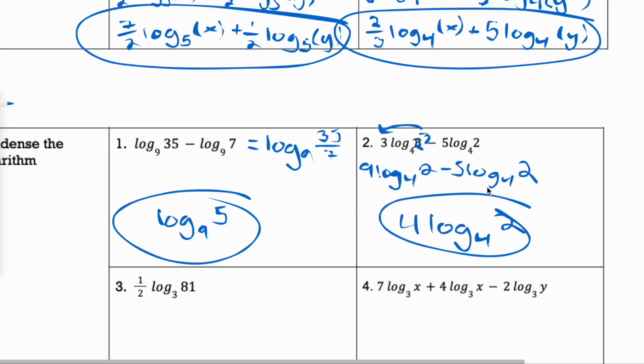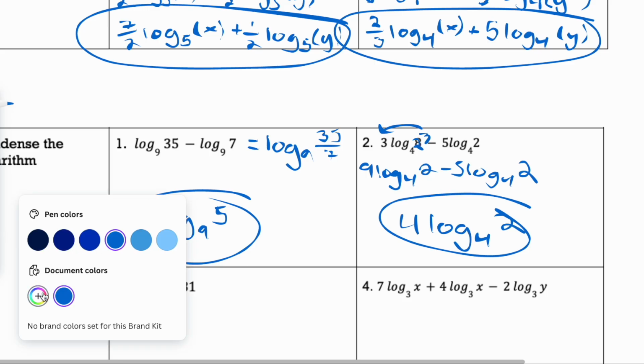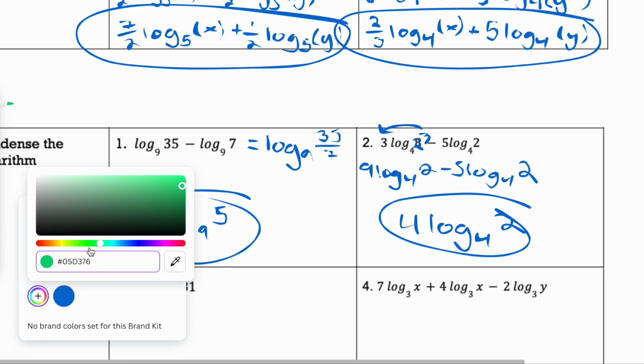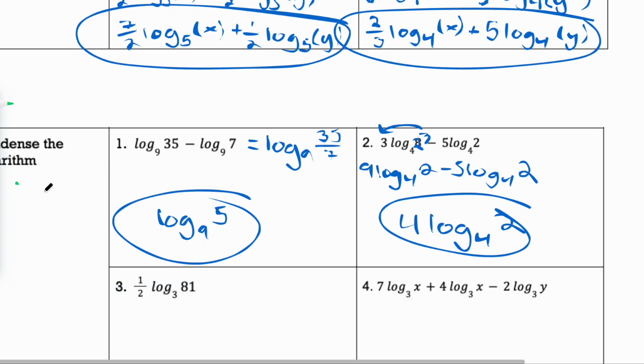We can just subtract these because this entire part is the same amongst both. So we can just translate that. If we have 9x minus 5x, that gives us 4x. And that's pretty much the same thing we're doing here.